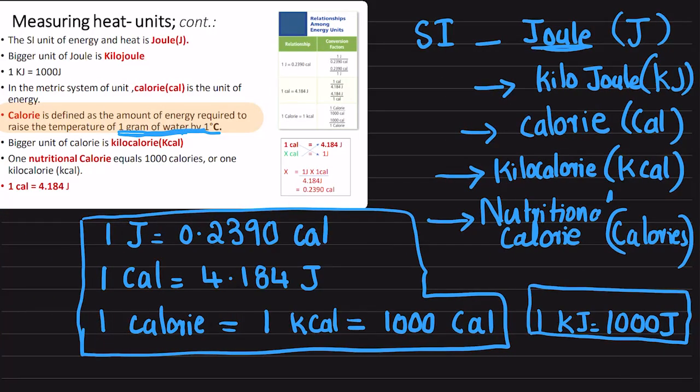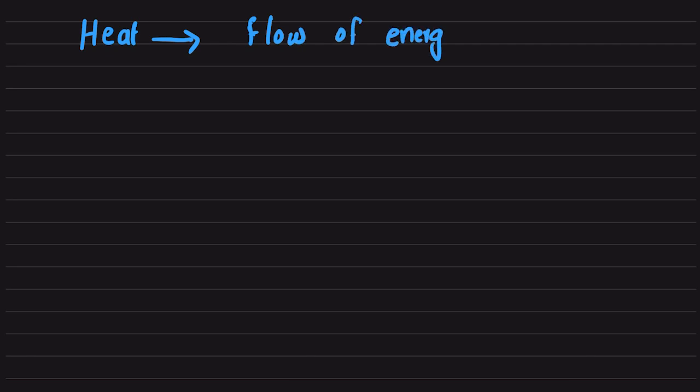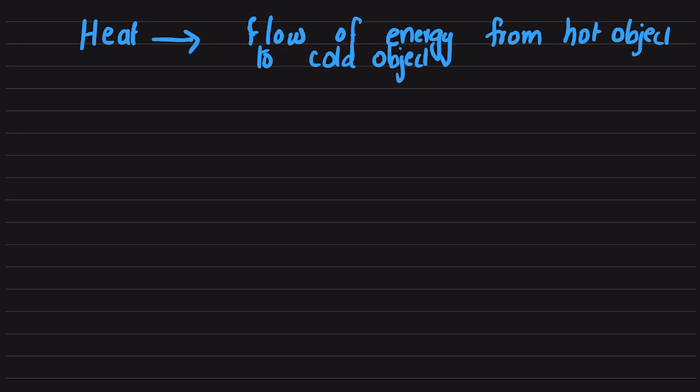So, in the second part we discussed heat. What do you mean by heat? Heat is the form of energy, the flow of energy from hot object to cold object. Now, what are the units of heat?